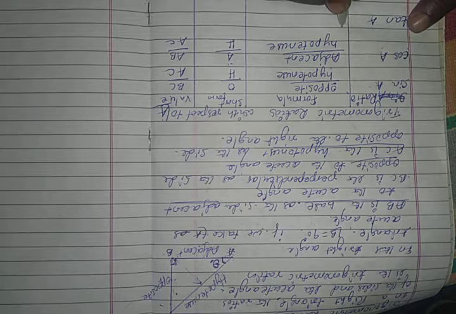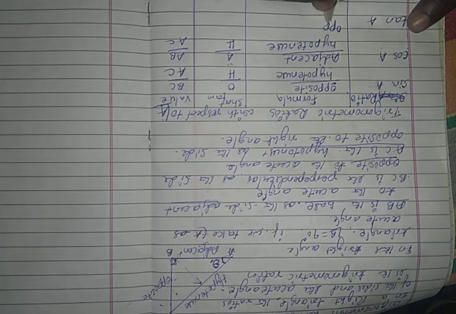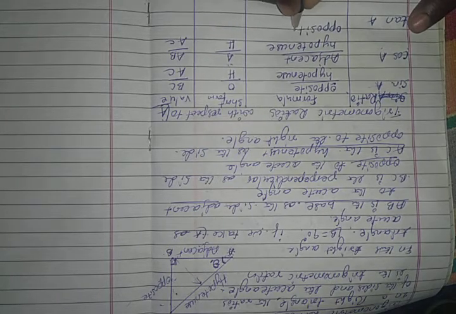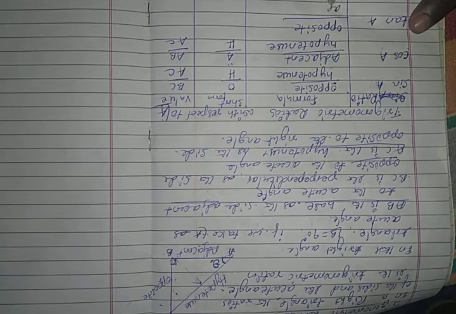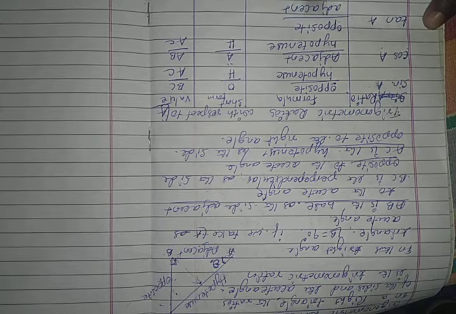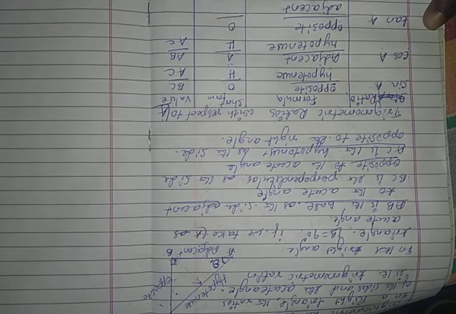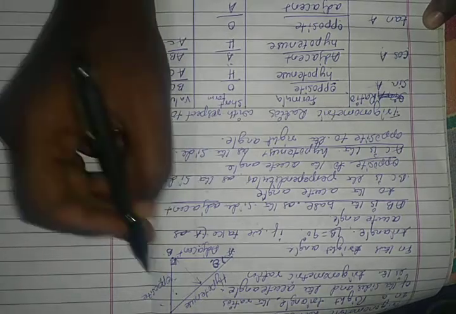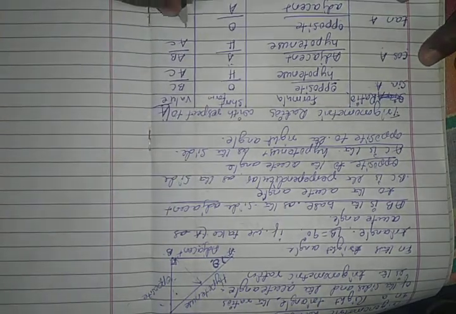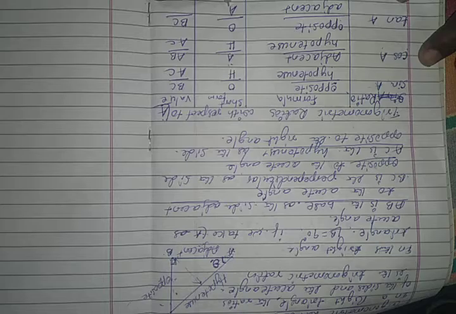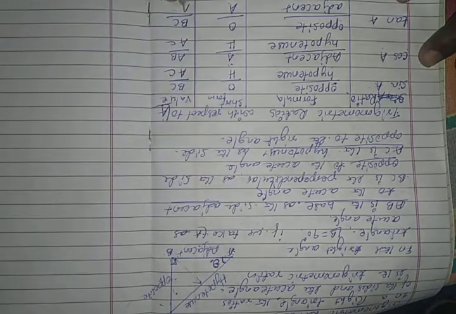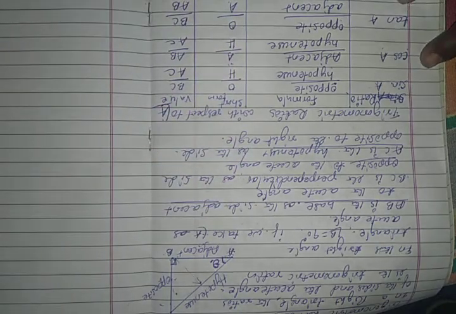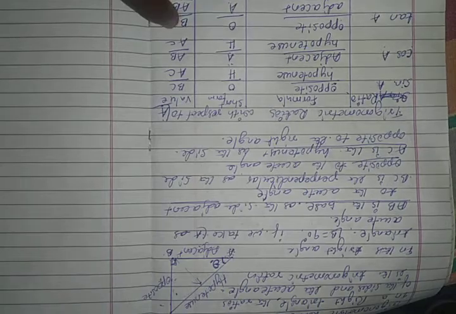The formula is opposite divided by adjacent. What is the first letter? O divided by adjacent A, O by A. So what is opposite here? It is BC, and adjacent is AB. So once again, O divided by A, that is BC divided by AB.